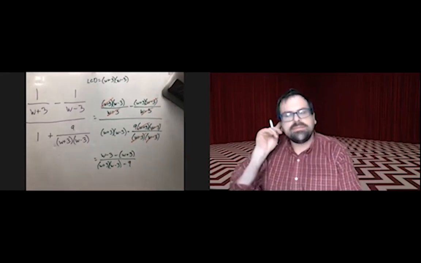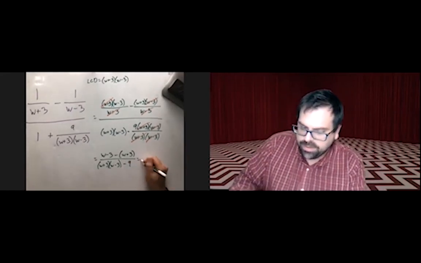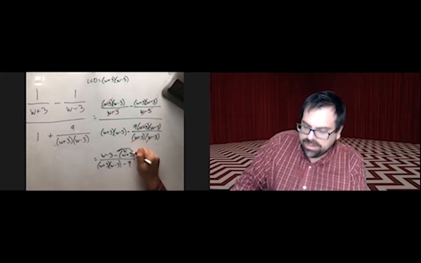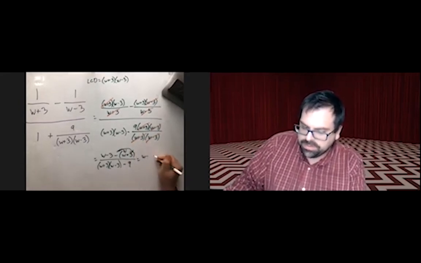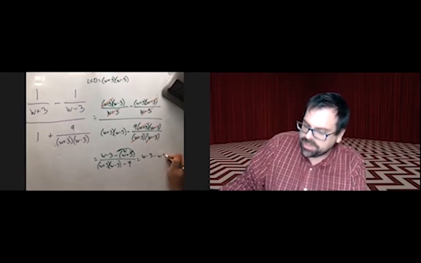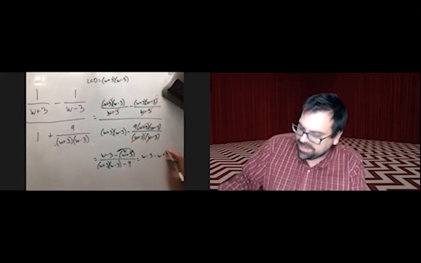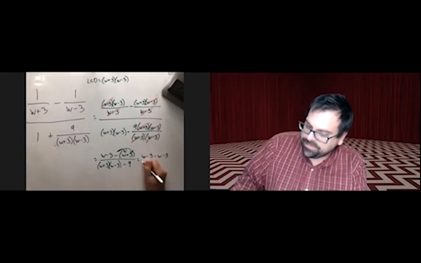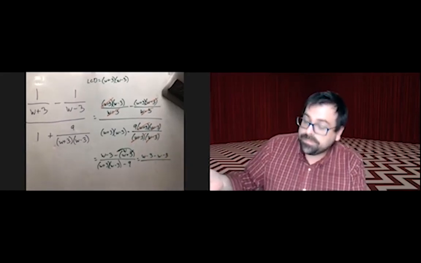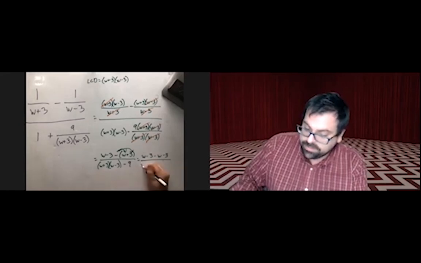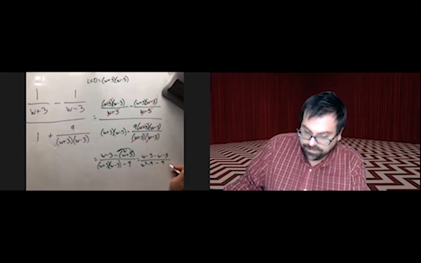Boy, these maths look familiar to me. Distribute the negative. W minus 3 minus W plus 3. Sorry, minus 3. W squared minus 9 minus 9.